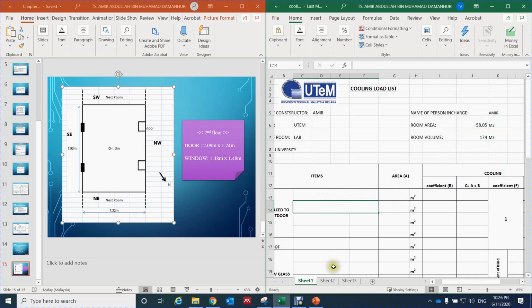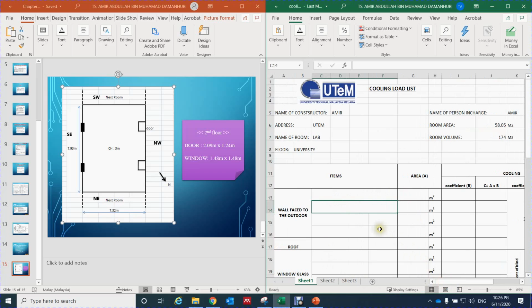Let's start with the wall facing the outdoor. There is only one wall that faces the outdoor, which is the southeast one. The area of this wall is 7.93 times the ceiling height of 3 meter, but you have to subtract the windows.